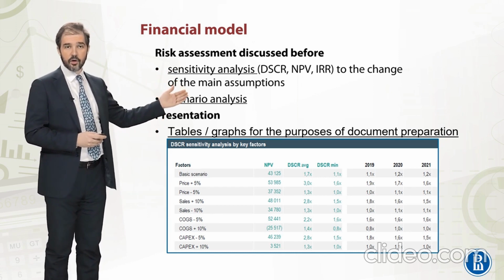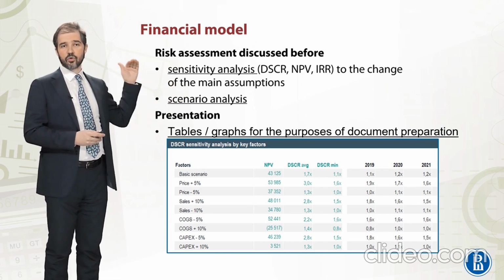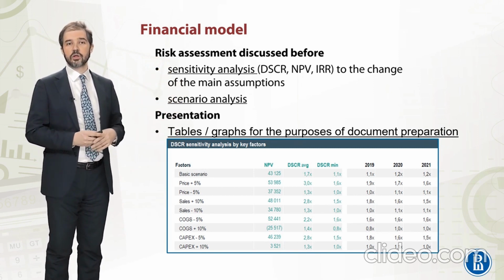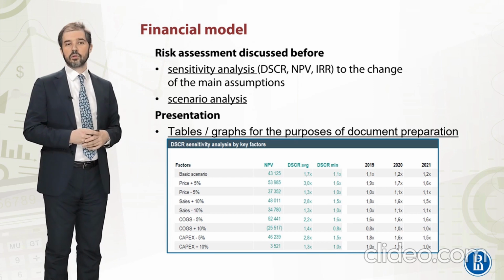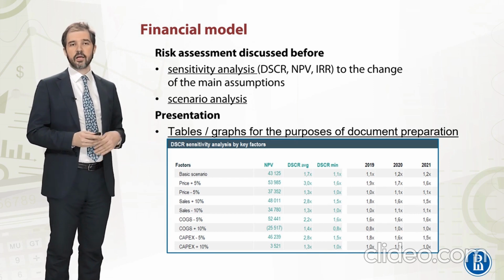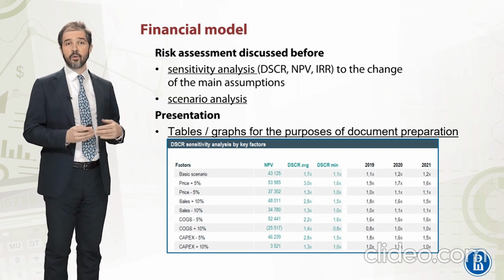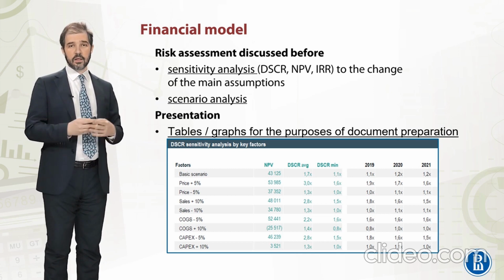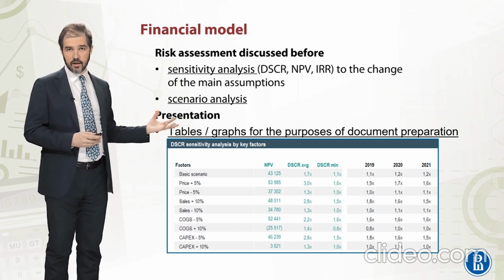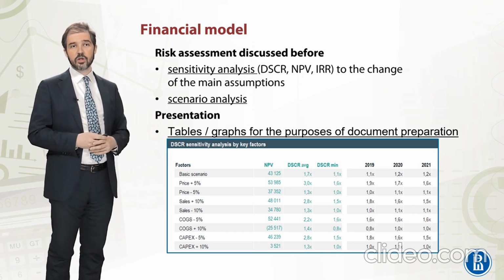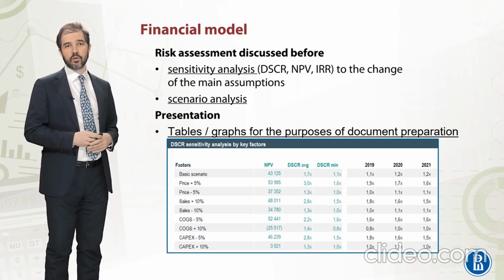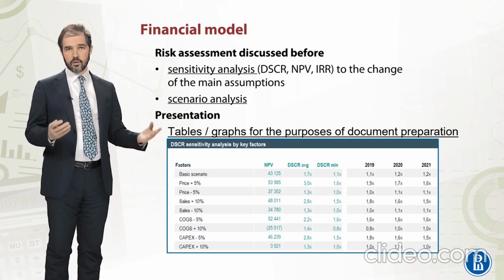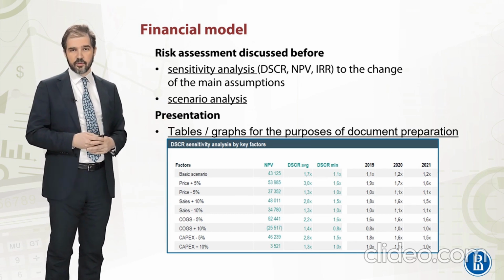We have the basic scenario, then we understand the effects of price plus 5%, minus 5%, then we change volumes, different cost of goods sold or other expenses, capital expenses, whatever you consider reasonable here. And this information in Excel format will additionally be presented for your convenience, so you will be able to download it. Here we see just an extract in the hard copy format.